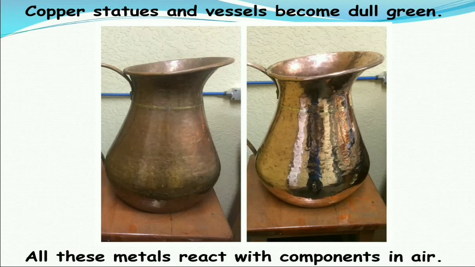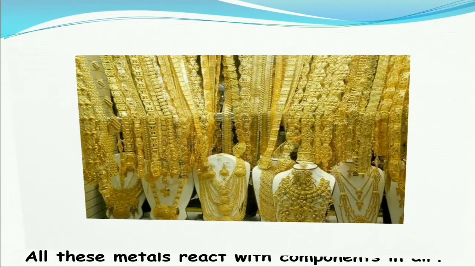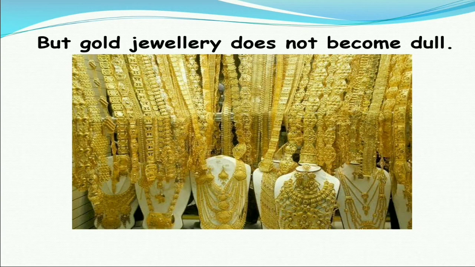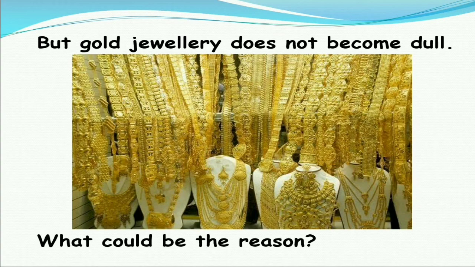All these metals react with the components of air. No extra chemicals are added; they simply react with the components present in the air. But gold does not. It doesn't become dull even when it is exposed for a long time. So what could be the reason?